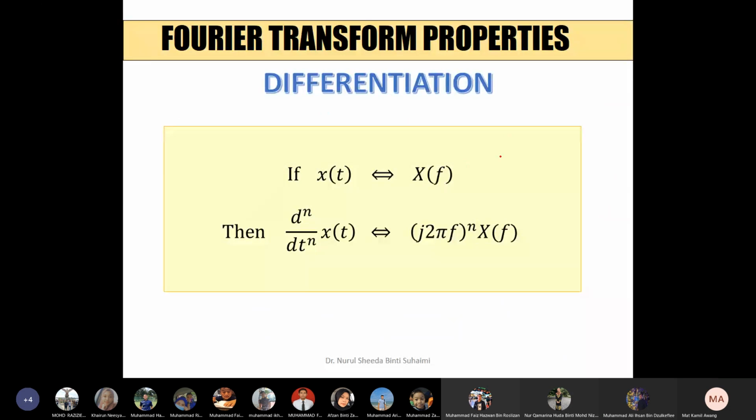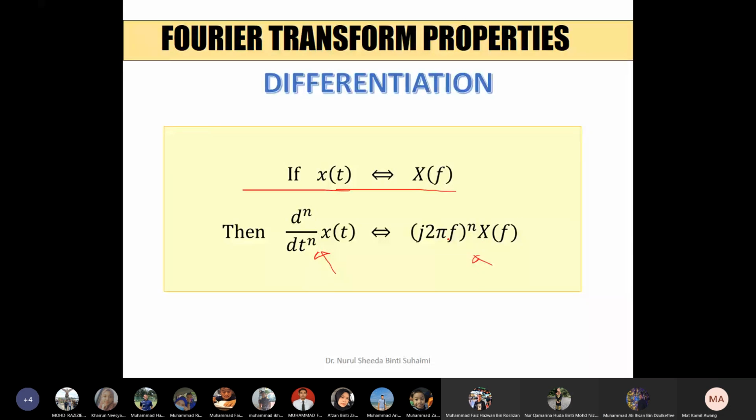There is more. Now we are still covering the properties of the Fourier transform: differentiation. If x of t is transformed into the frequency domain using the Fourier transform and becomes capital X of f, then the nth-order differentiation of x of t will give you j2 pi f to the power of n times X of f.